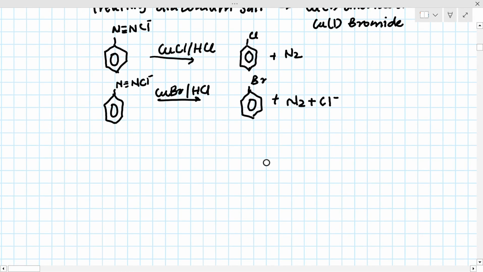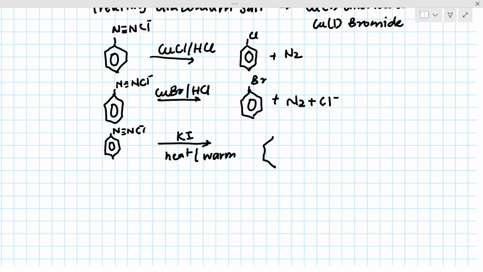And one more reaction which can be done is with KI and heat or warm.